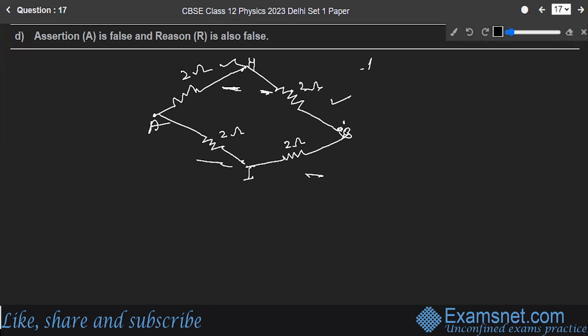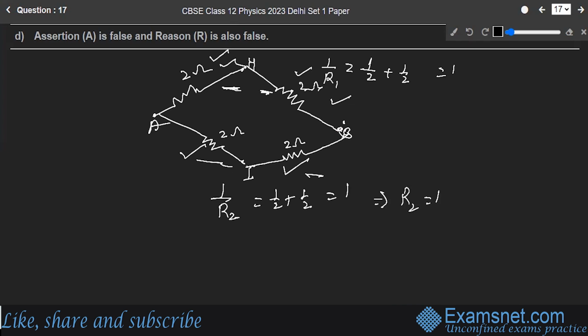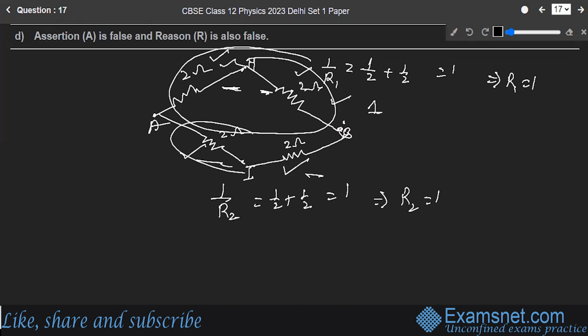The equivalent resistance for series is given by R1 is equal to 2 plus 2, and similarly R2 for these two resistances is equal to 2 plus 2. So the equivalent resistance for this portion is equal to 4, and similarly, for this portion also equal to 4.